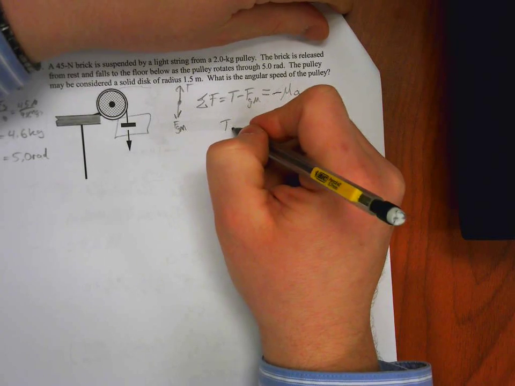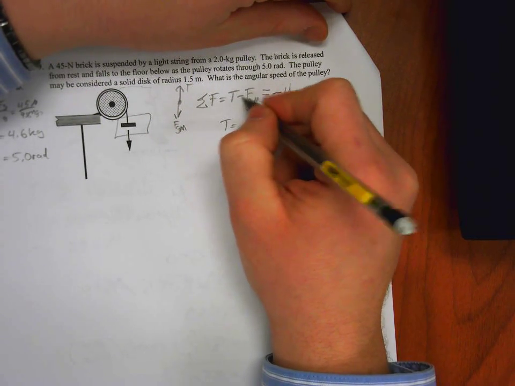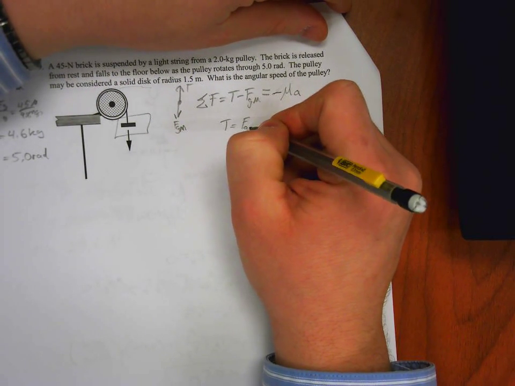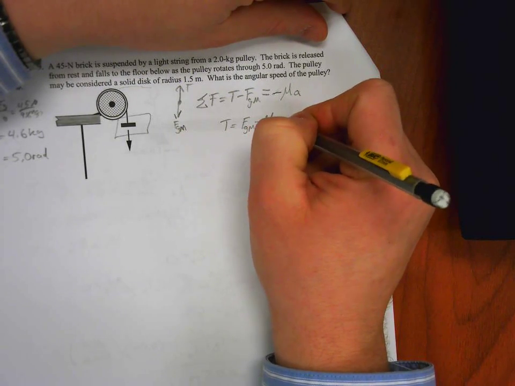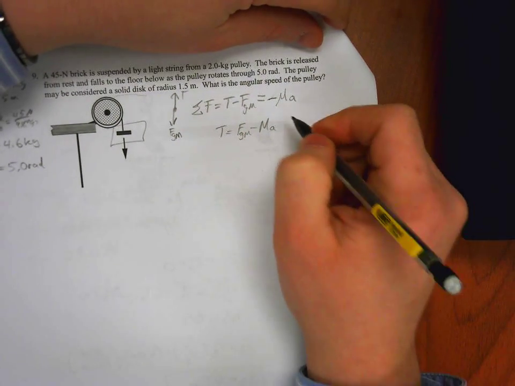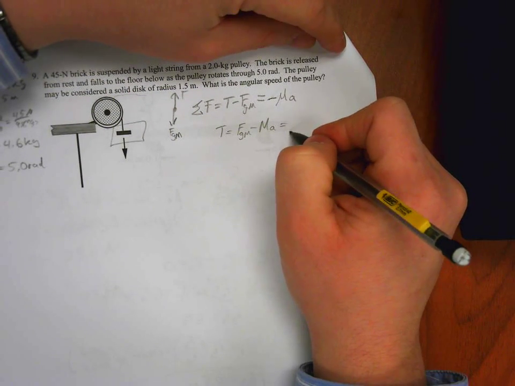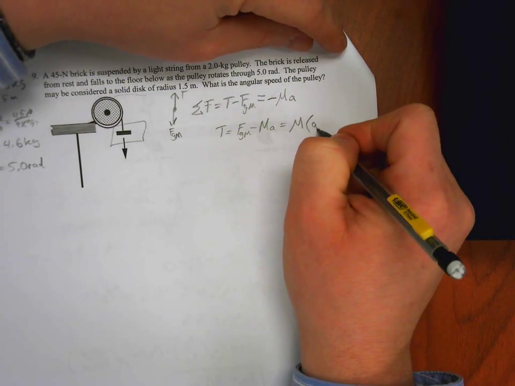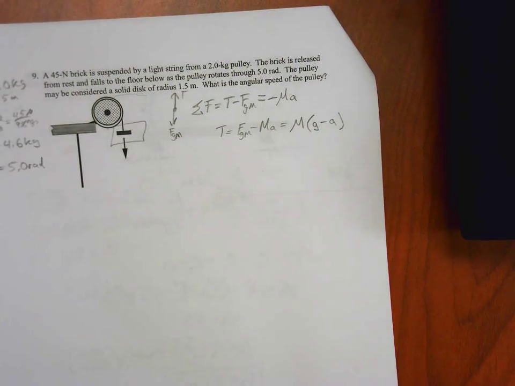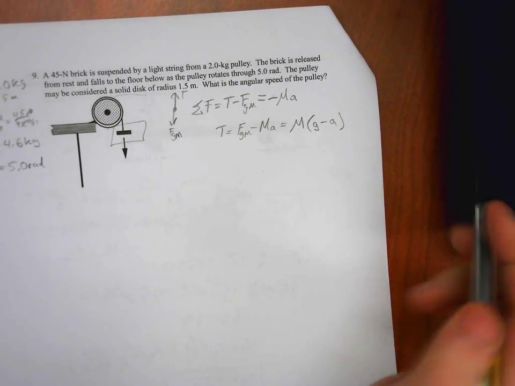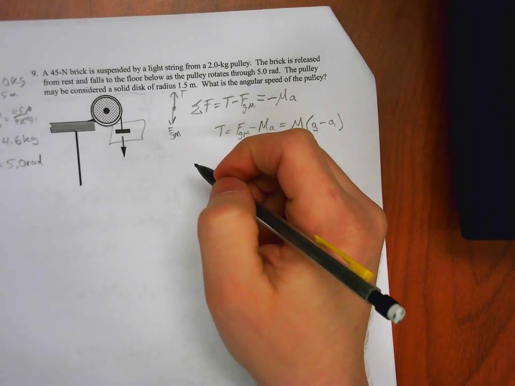So then the tension is just, move this over, it becomes positive, Fg M minus Ma, which Fg M is just Mg, so I'll write it like this. Okay, so we have an expression for T.